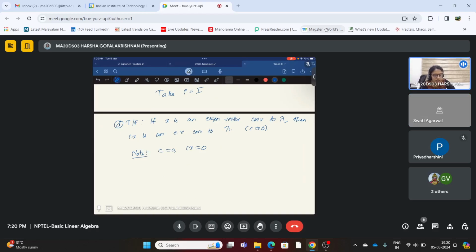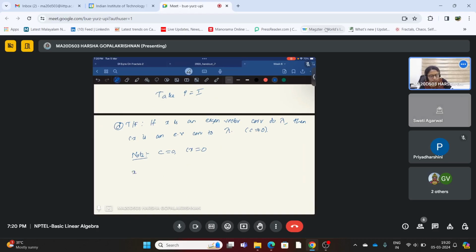So some matrix A is there, and x is an eigenvector corresponding to lambda. That is, Ax equals lambda x, where x is a non-zero vector. Now apply the same definition for Cx.